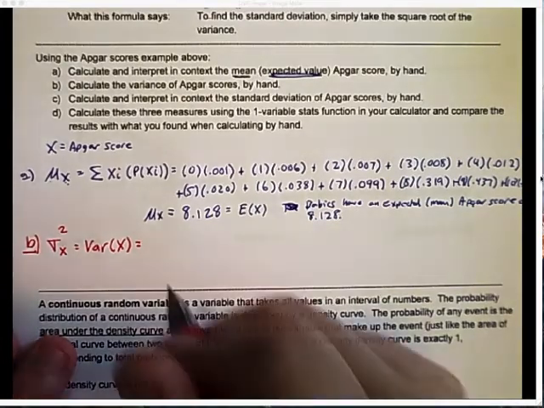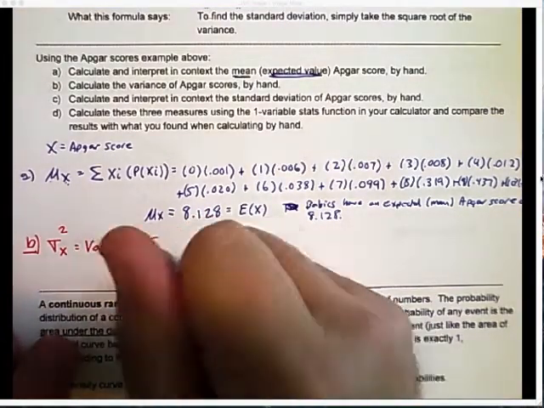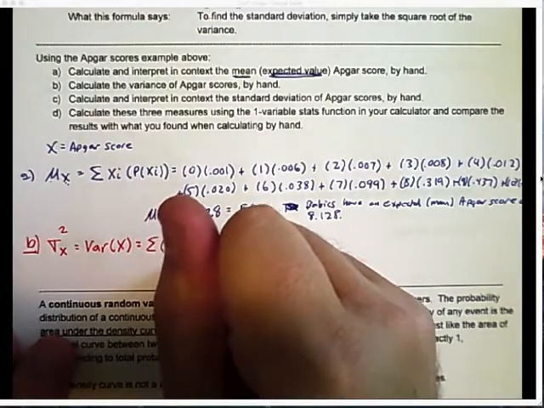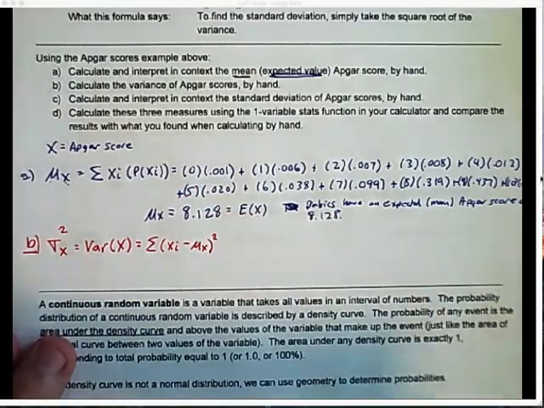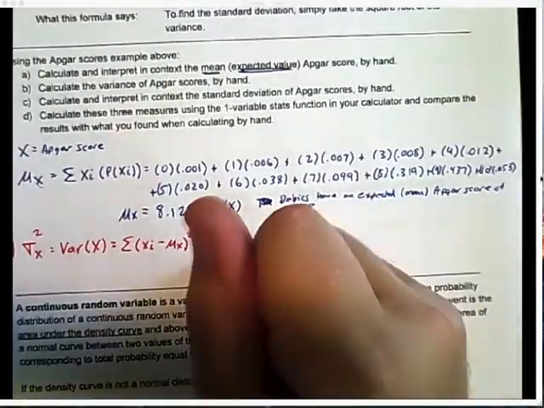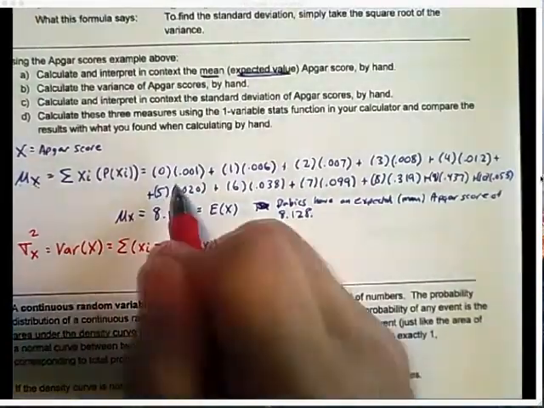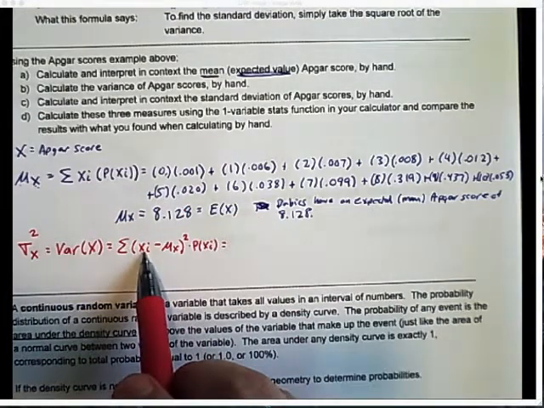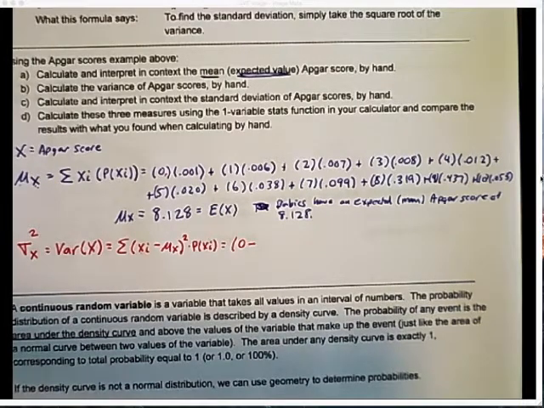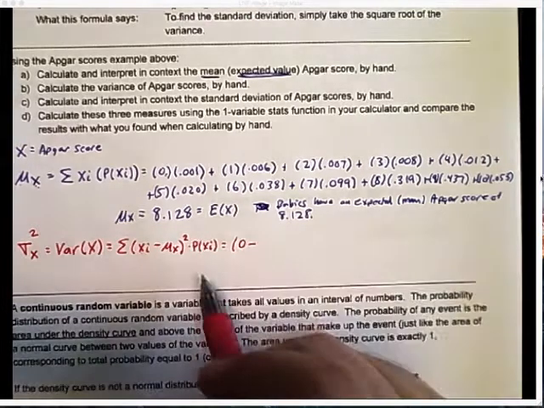Okay. We need to take the sum of the individual APGAR scores minus the mean APGAR score squared times the probability of the individual APGAR scores. All right, so the first APGAR score we had was 0. So the first xi we get is 0. Minus, what's mu of x?